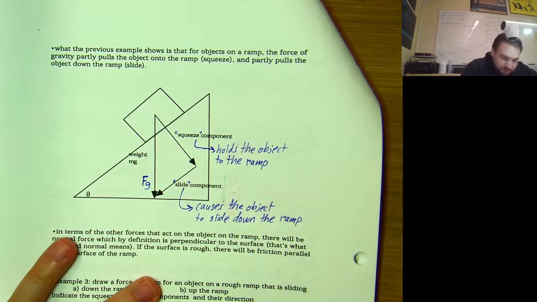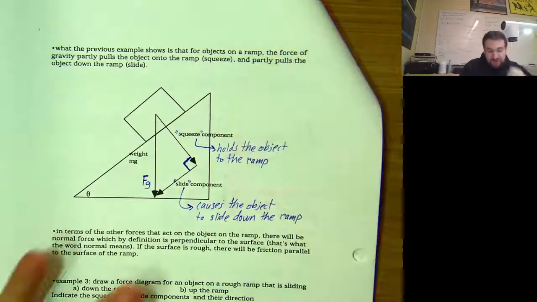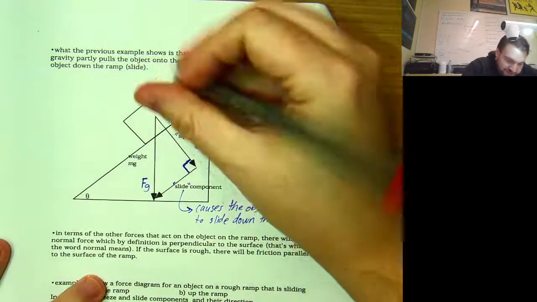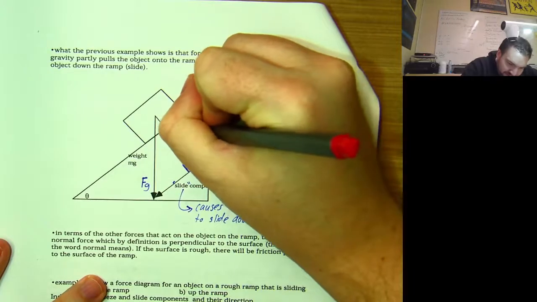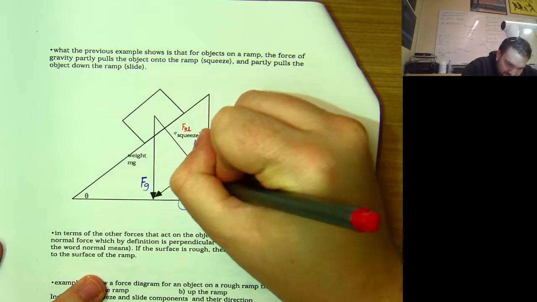Now, I said earlier that components always meet at 90 degrees. That's just what components do. So I'm going to label these the way I labeled them before. So this squeeze component is what I call FG perpendicular, and this slide component is what I call FG parallel.